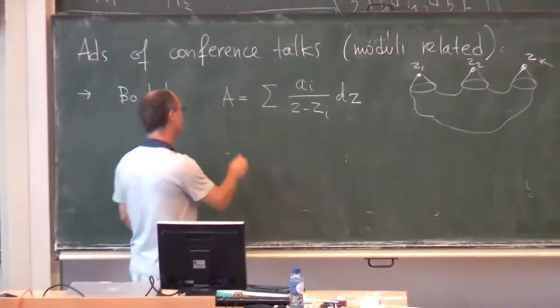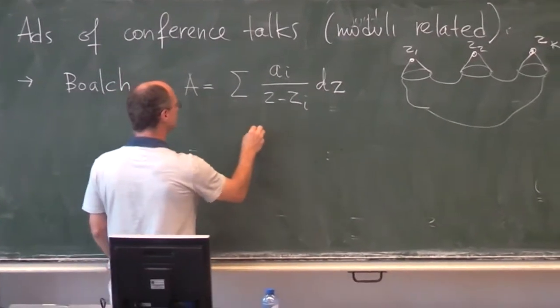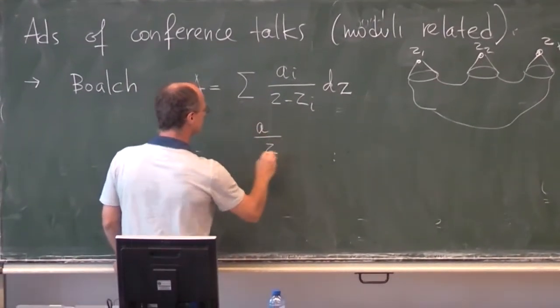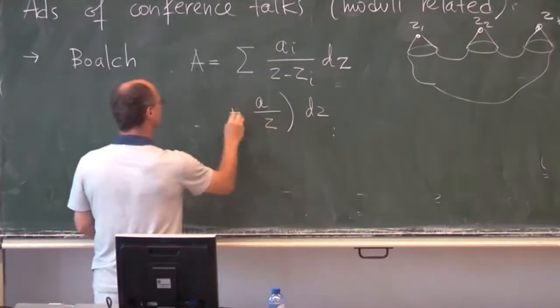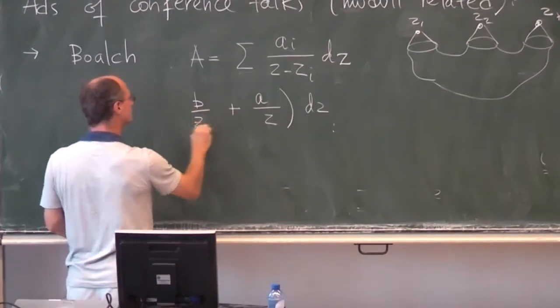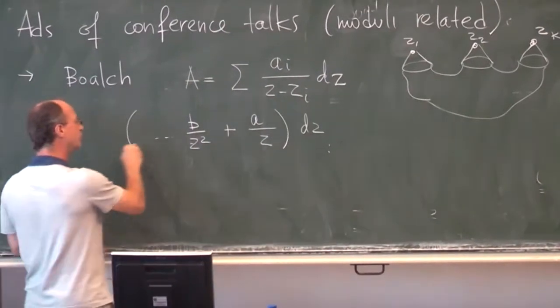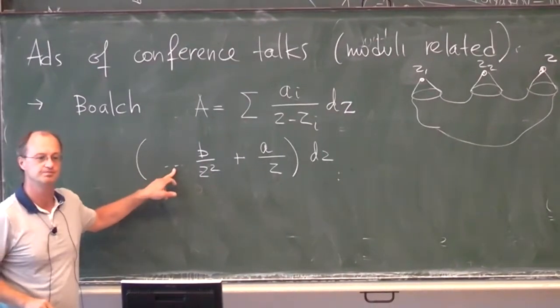Now, that's the classical story. What Boch is trying to do is look at something of the sort. There is a pole, the first order pole, but there is also a second order pole and possibly higher order poles.